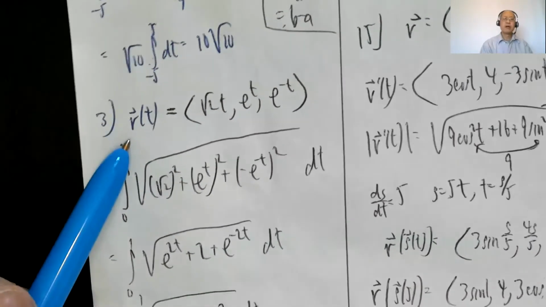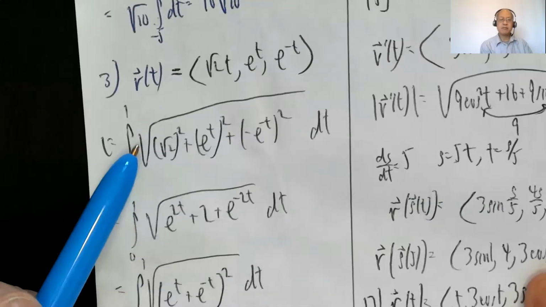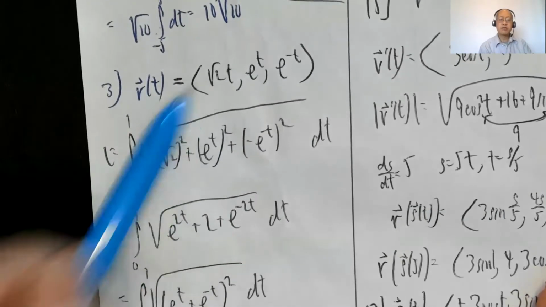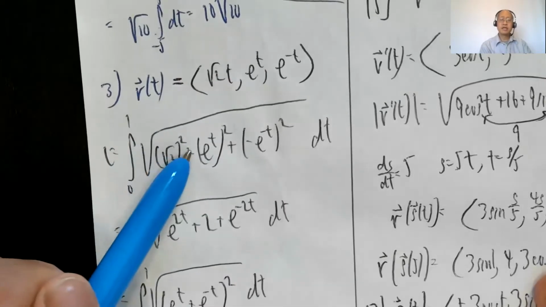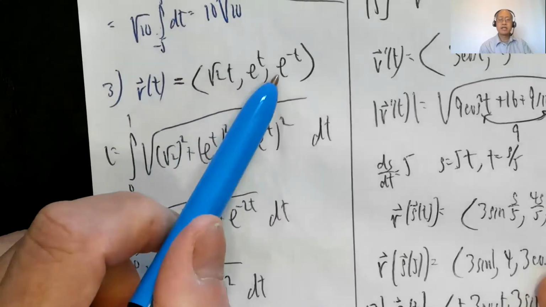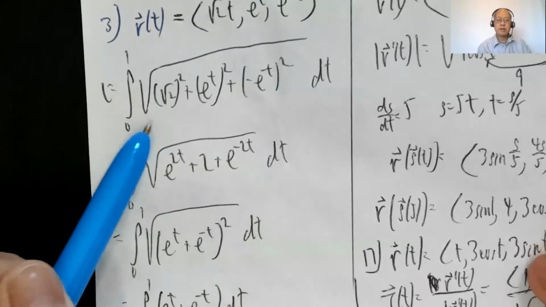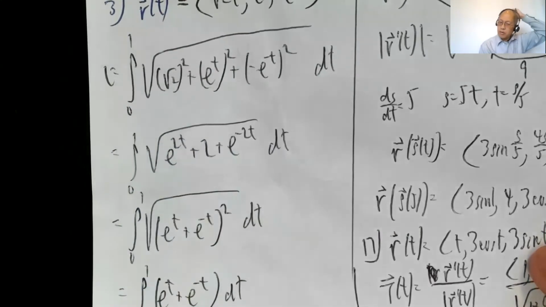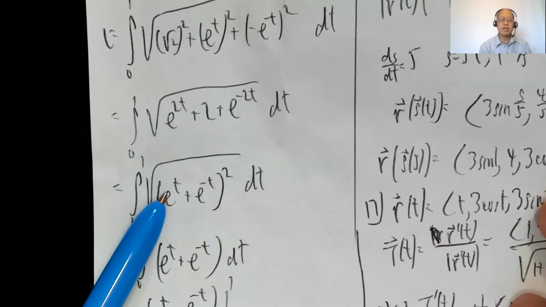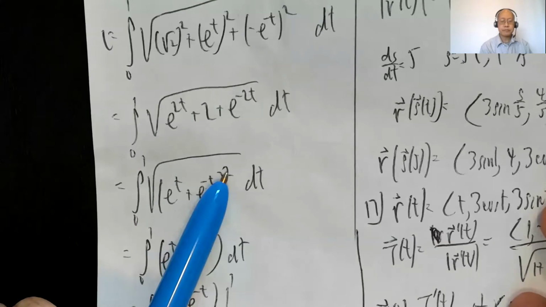Number 3, r of t is radical 2 t, e to the t, e to the negative t. So (dx/dt) squared is radical 2 squared. dy/dt is e to the t, squared. dz/dt is negative e to the negative t, squared. That comes out to be e to the 2t plus 2 plus e to the negative 2t, which very conveniently factors into (e to the t plus e to the negative t) squared.